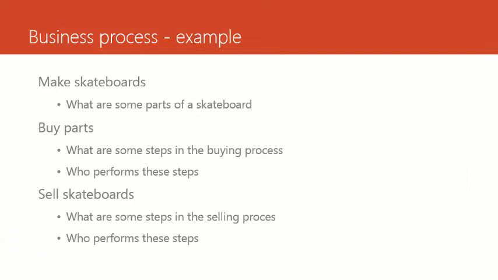Okay, so let's take the example of a company wanting to make skateboards. In order to make skateboards, you have to buy some raw material, like the wheels, for example, the board itself, and then assemble them, or maybe paint them and assemble them and so on. So they have to buy the parts. How do you go about buying raw material?